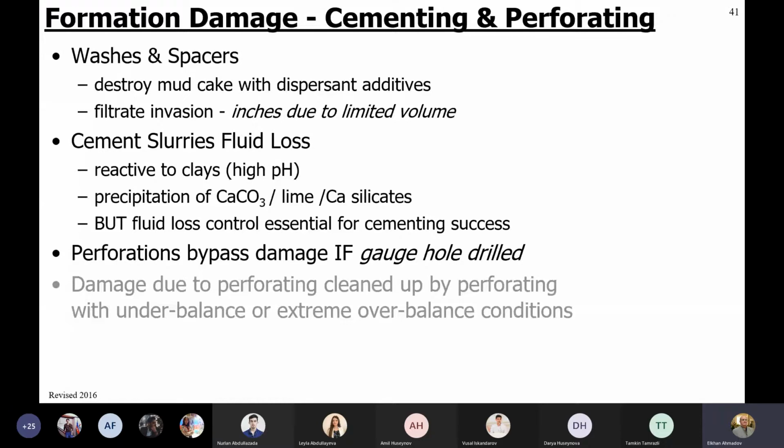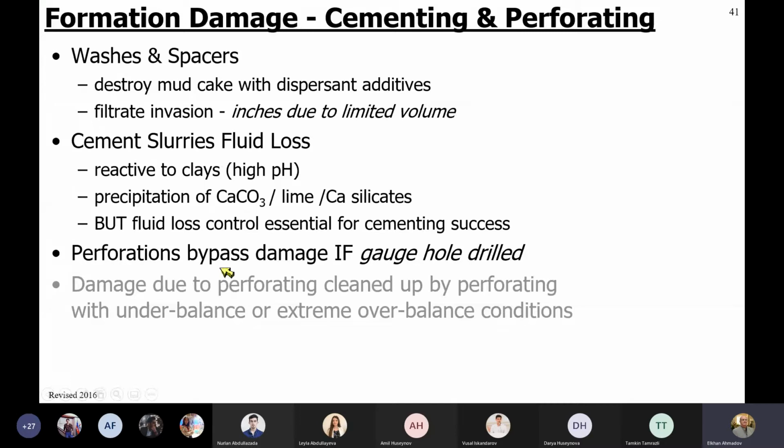This may cause channeling from other formations into the reservoir wellbore, or inability to isolate water breakthrough or gas-cap zones.